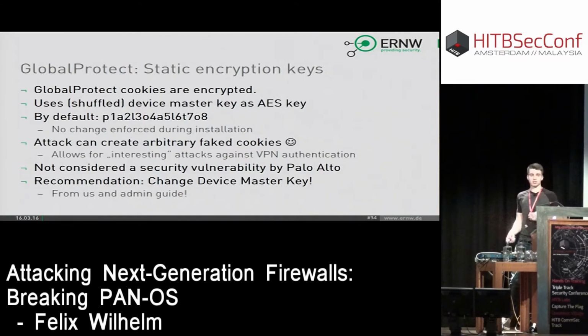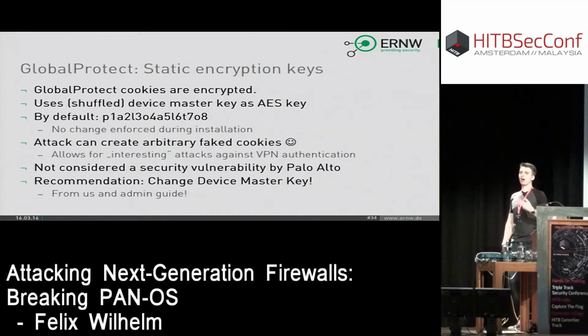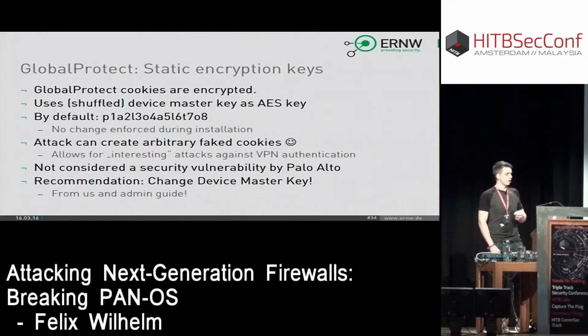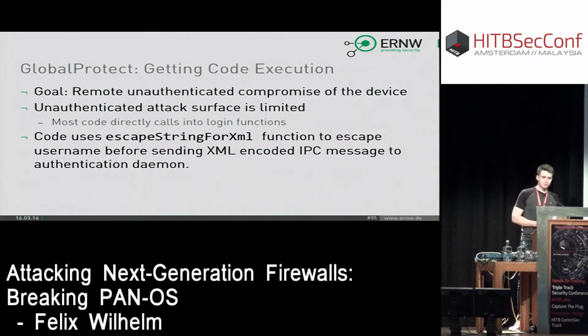The recommendation is change the device master key. To be fair, if you read the actual hardening guide, they mention you should change it. They don't tell you the reasons. But if you use this, definitely change the device master key, because as far as I know, this isn't changed in the latest versions.